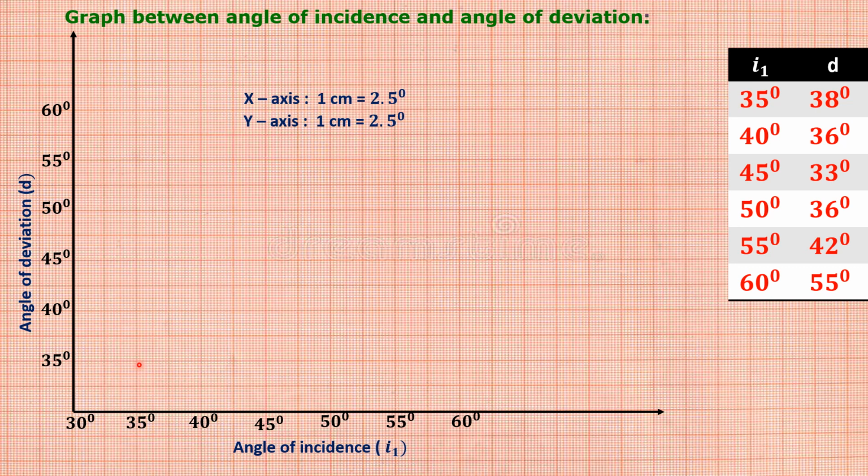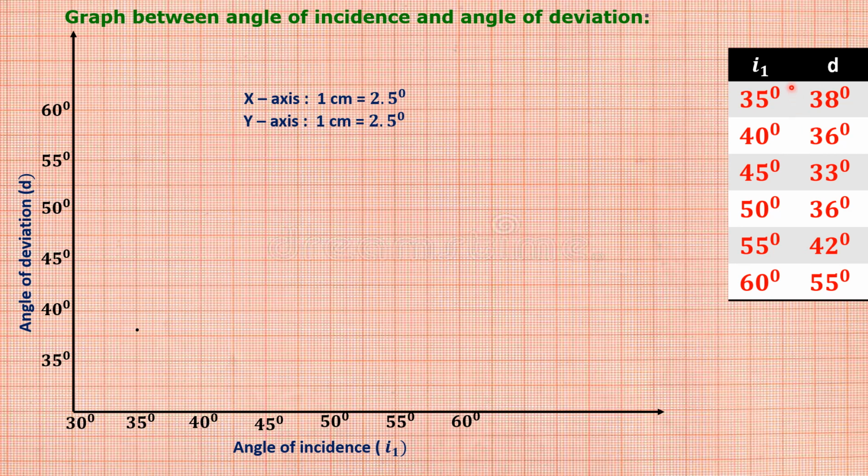So here it is 35 already, still 3 degrees. 3 degrees means for 1 degree we have to count 4. 3 into 4, 12 units. That is here. So this is 35 and 38.